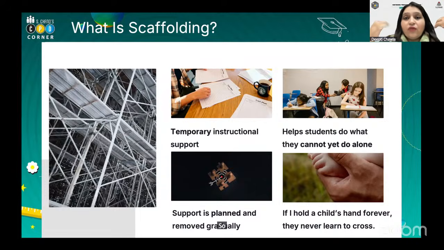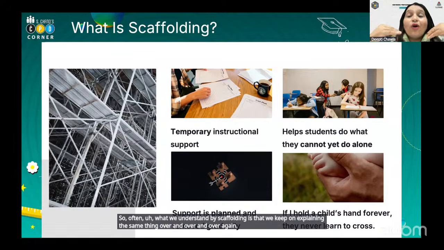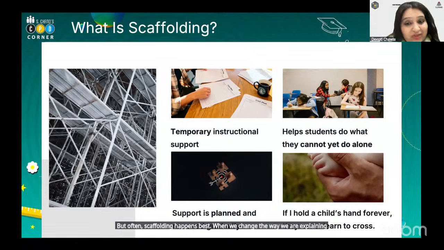So often what we understand by scaffolding is that we keep on explaining the same thing over and over again, but scaffolding happens best when we change the way we are explaining or the medium through which we are explaining.